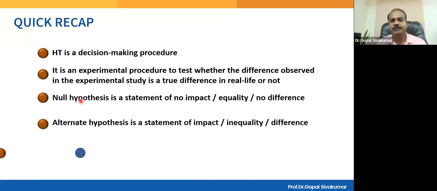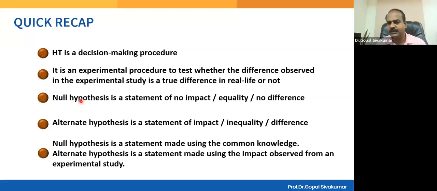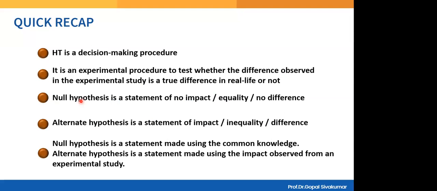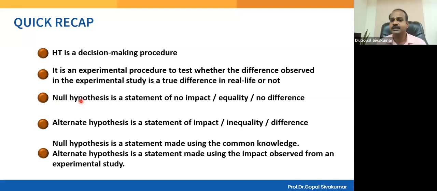So for any experiment you do, I think you will definitely be able to make the null hypothesis and alternate hypothesis in the correct manner. Yes or no? Yes, sir. It's not just about using correct English; it is writing the statement in a way that conveys the required meaning.